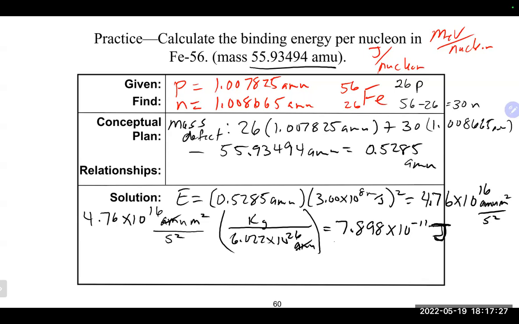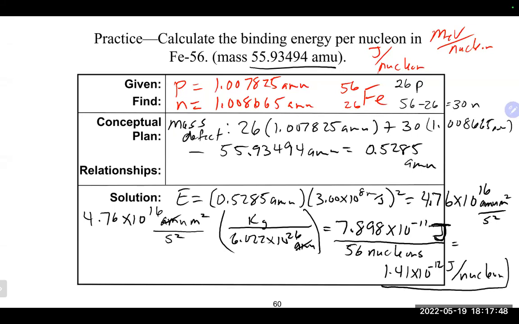Since we do want it per nucleon, we're going to divide it by 56 to get us to our nucleons. So we divide it by 56, which gets us 1.41 times 10 to the minus 12 joules per nucleon. First off, any questions on taking that approach there?